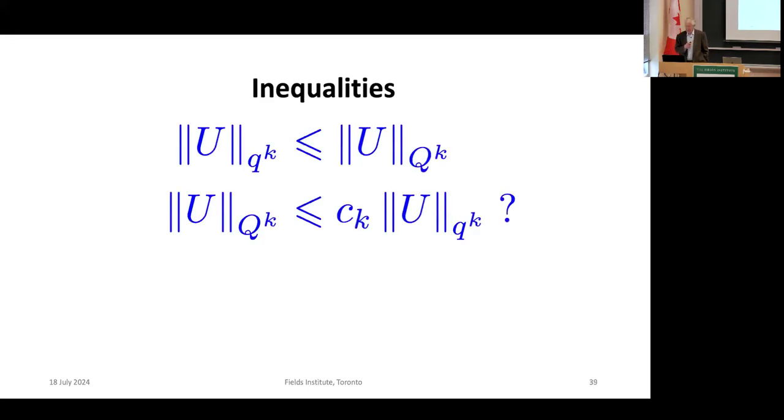And it's known that the norm or measure for a unitary with small q is less than the one for the big Q. That's a famous inequality in the classical theory, which led to the results in number theory.